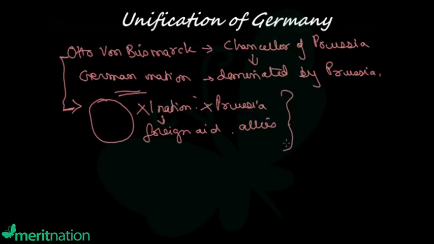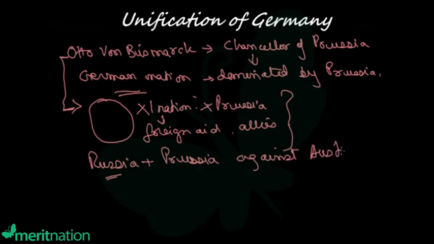The first step he took was to bring Russia to his side. He won the confidence of Russia, and Prussia and Russia joined hands against Austria. So on one hand, you now have Russia and Prussia, and on the other hand is Austria.